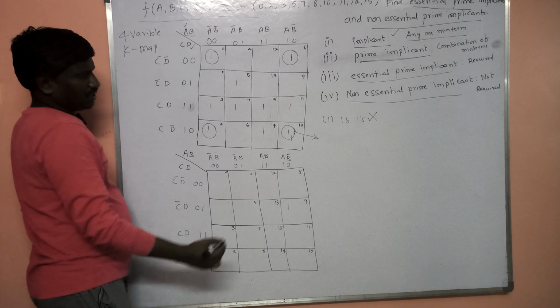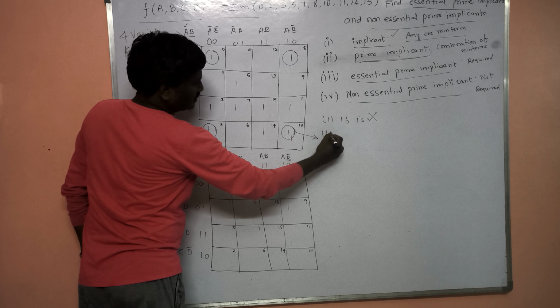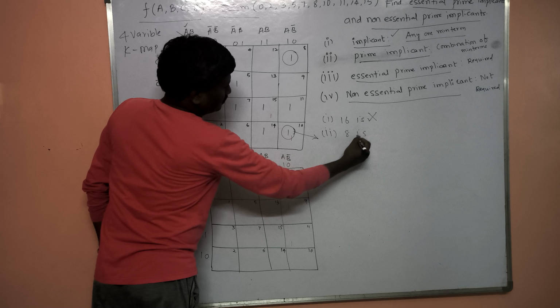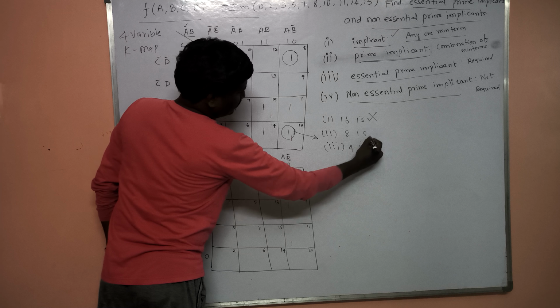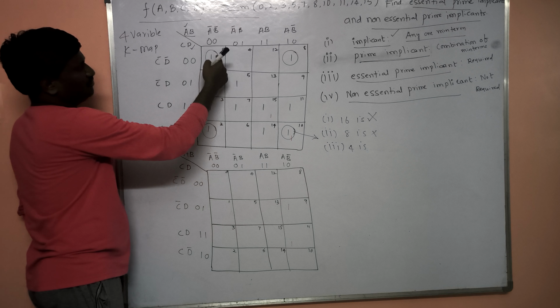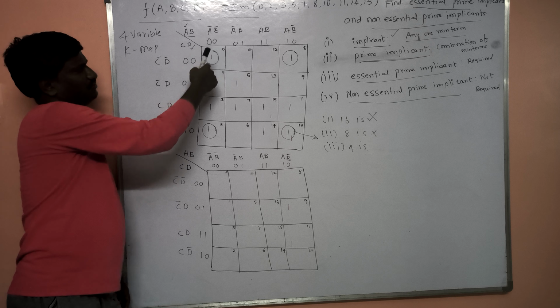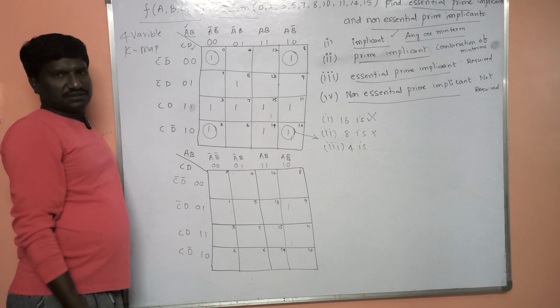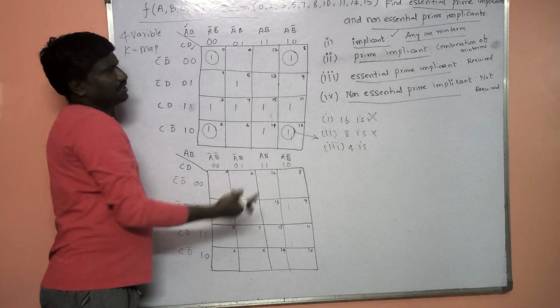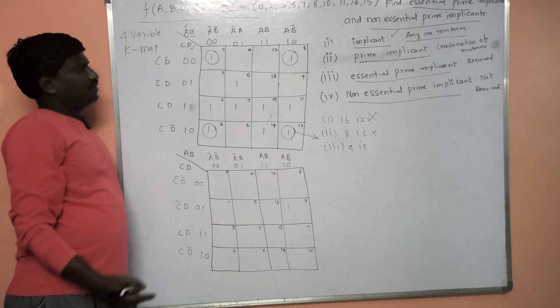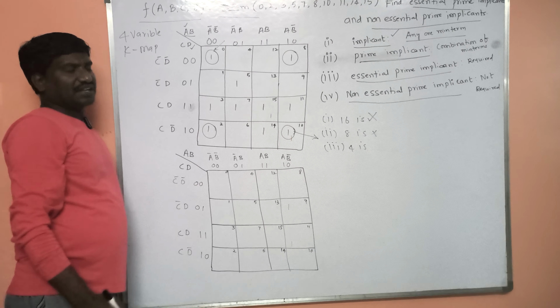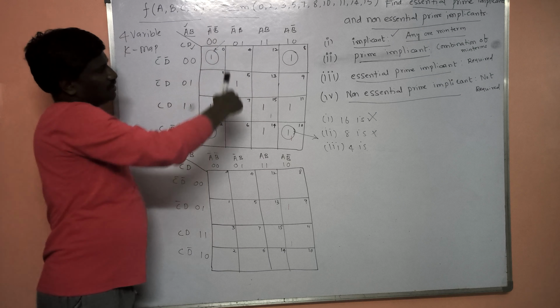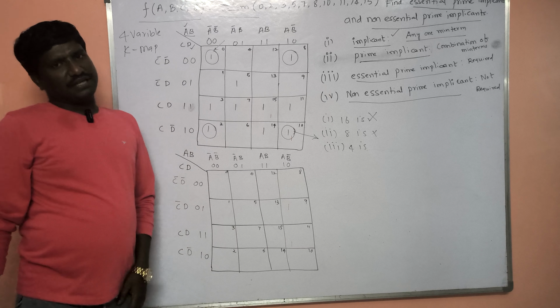Obviously no. Is there any 8 ones combination? Obviously no. Is there any 4 ones combination? Yes, we got one such 4 ones combination where I combine this one with the rest of the ones. That itself is called a prime implicant. So this is an implicant when I look at it as a single min term, and when I look at the grouping as a group, it is a prime implicant.